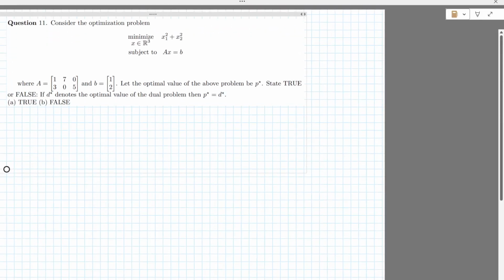Check it. The next question. We are given this optimization problem. We are told that P star is the optimal value of the primal. If D star is the optimal value of the dual, then P star equals D star.